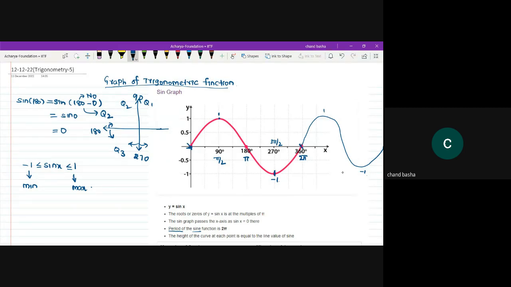Its period means one particular region, one particular boundary, afterwards again the same curve repeats. After 2 pi radians, 360 plus 360, that is 720, up to 720 it should be the same, like 0 to 360.